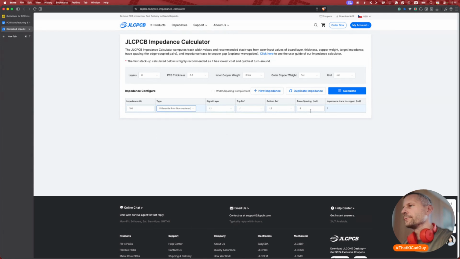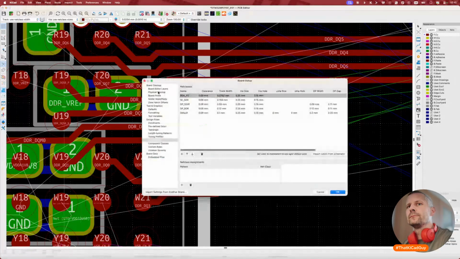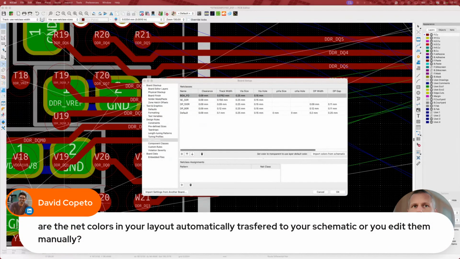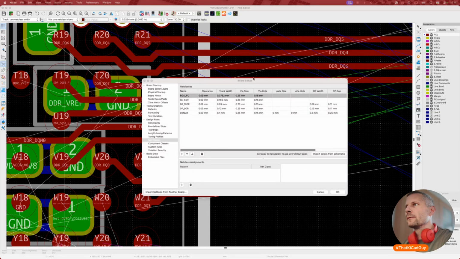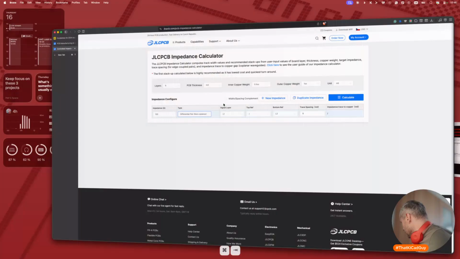Trace spacing. No, ideally manually. Unfortunately, manually. Clearance is 0.09, which is in mil. I don't know if I can use decimal numbers.